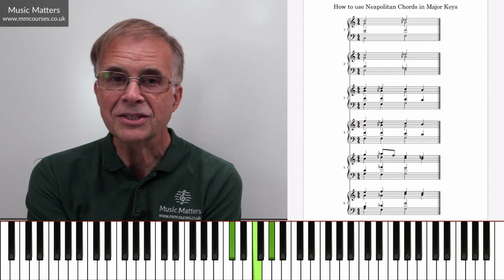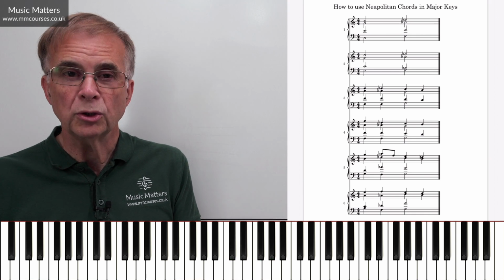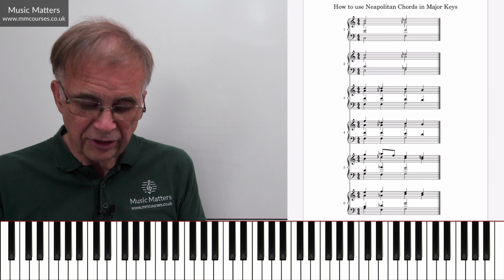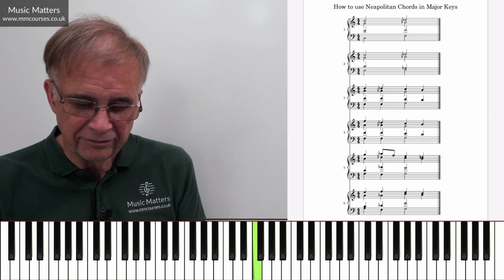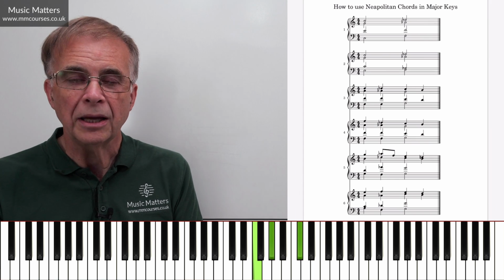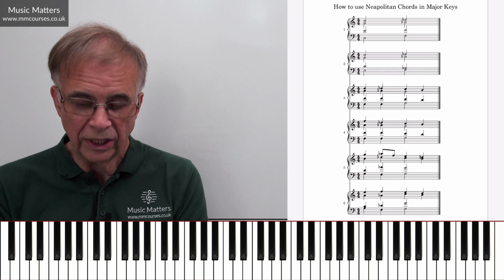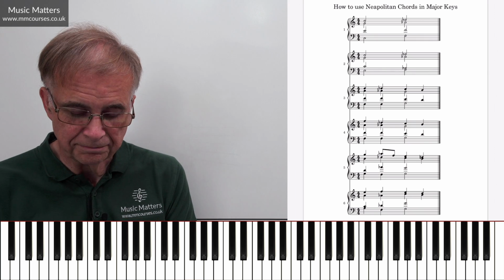Either way, you get the same chord, and it's the Neapolitan chord. The Neapolitan chord is normally used in first inversion. So normally we have F at the bottom with the A flat and the D flat coming above the bottom. You don't have to do that, but often that's the way in which it gets presented.